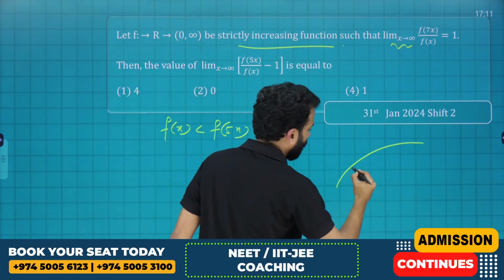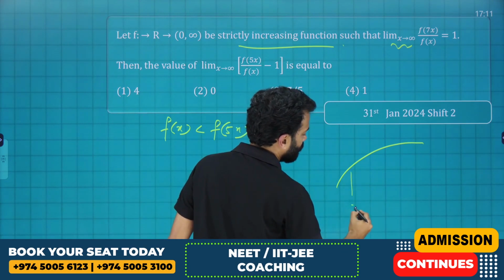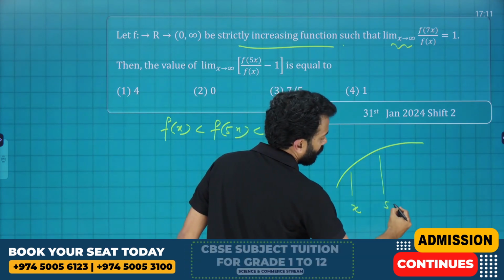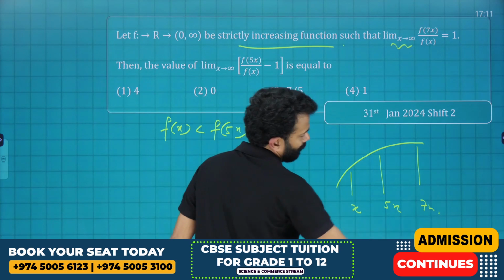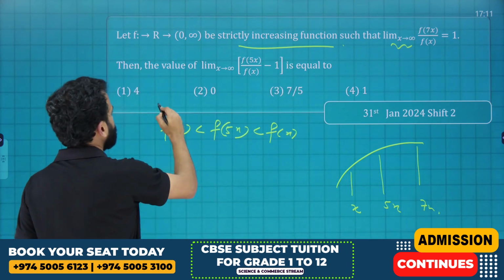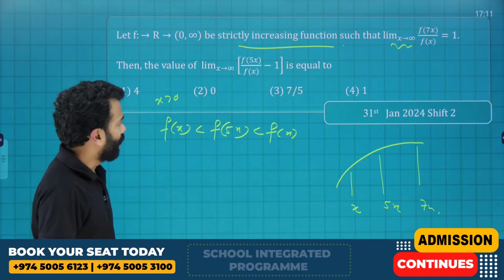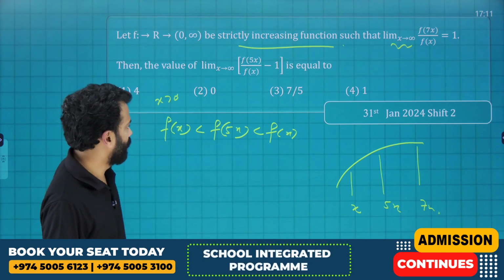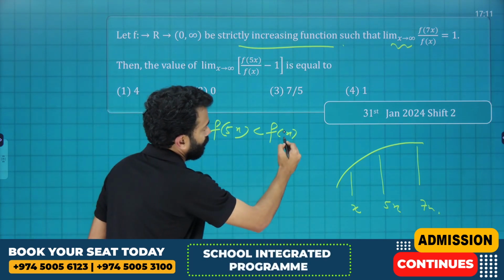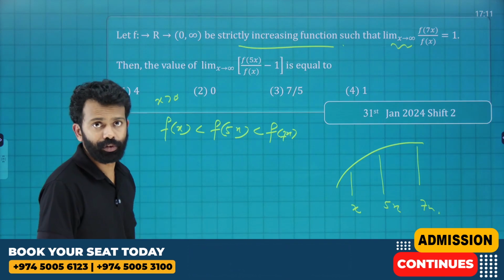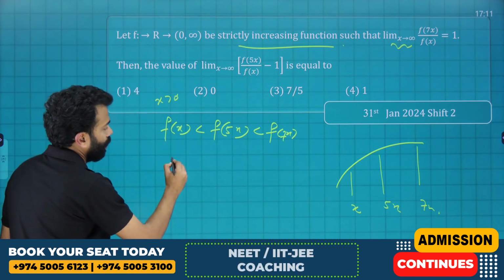It will be like this. If you are considering positive numbers, x will be here, 5x will be here and 7x will be here. We need to assume x is greater than 0, and divide everywhere by f of x and f of 7x. Divide everywhere by f of x and what will you get?